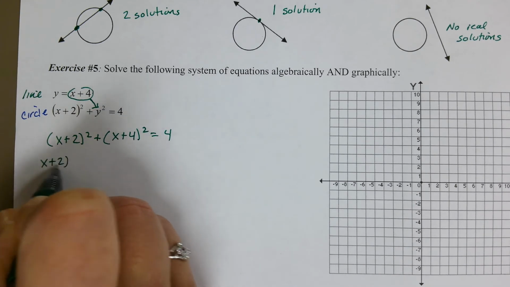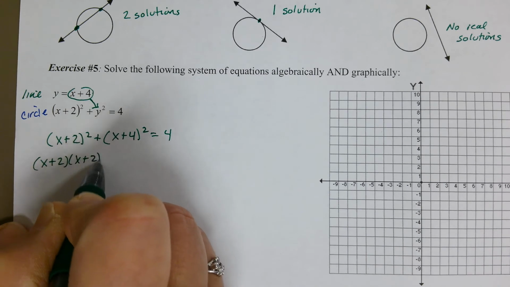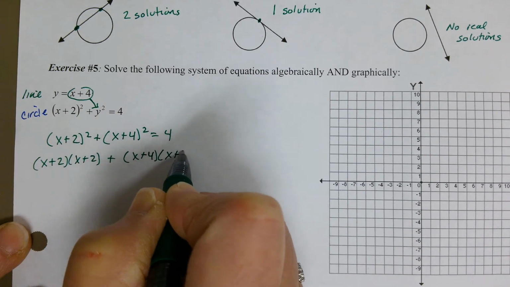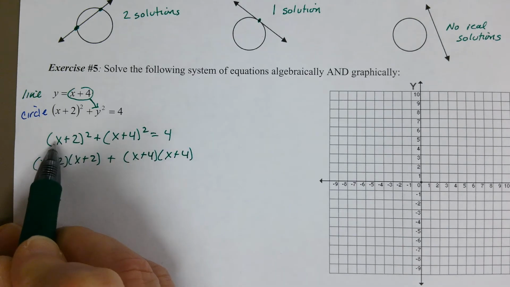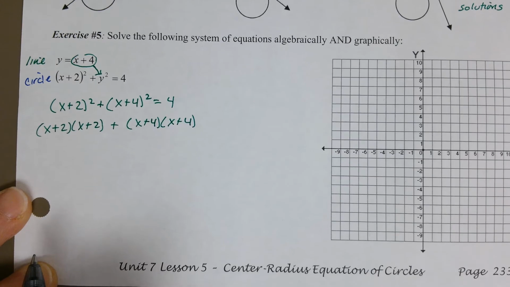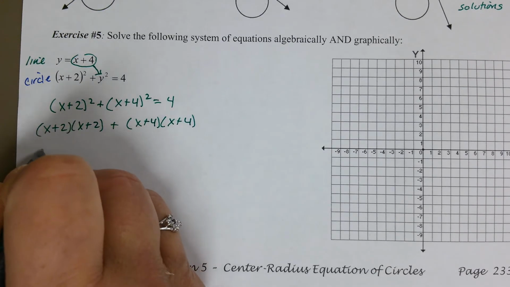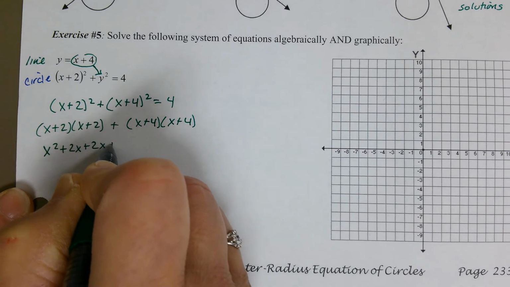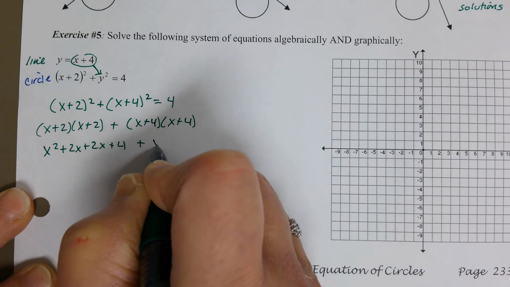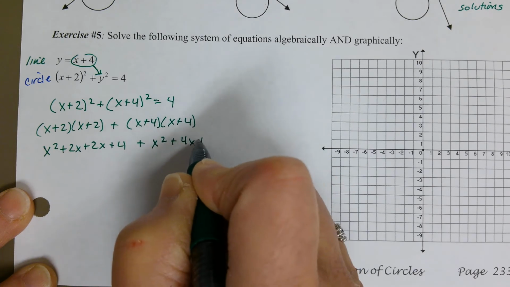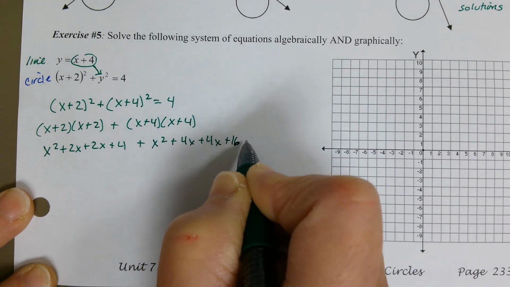Make sure this is (x + 2) times (x + 2), and (x + 4) times (x + 4). Do not simply distribute the 2 and give me x² + 4. That is not correct. Rather, we're going to get x² + 2x + 2x + 4 + x² + 4x, I'm doing the double distribution, plus 4x + 16.